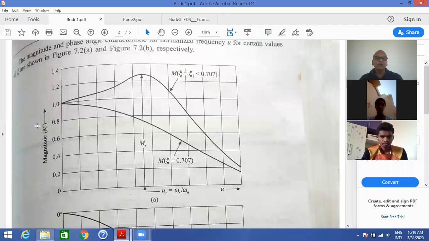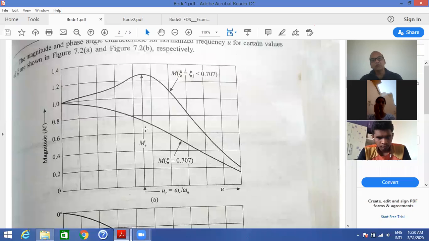If you observe the magnitude for the value of ζ equal to 0.707, at u equal to 0 the magnitude is equal to 1, and at u equal to infinity the magnitude is equal to 0.